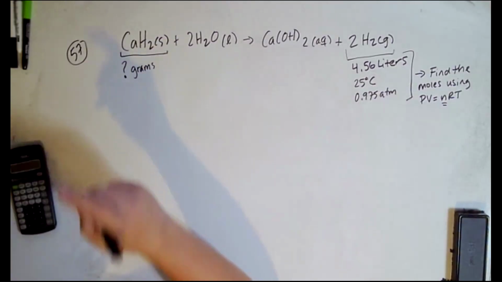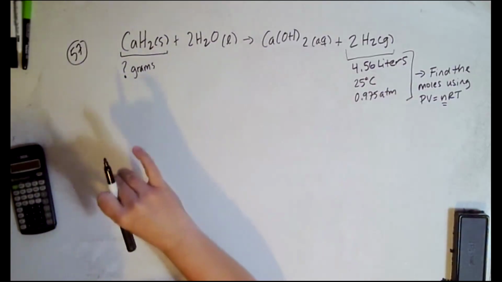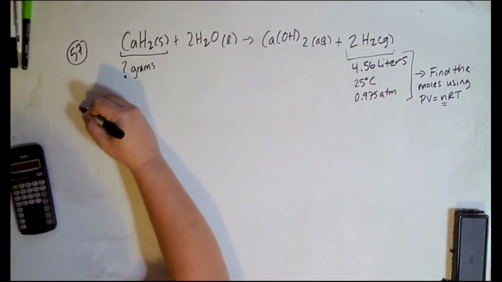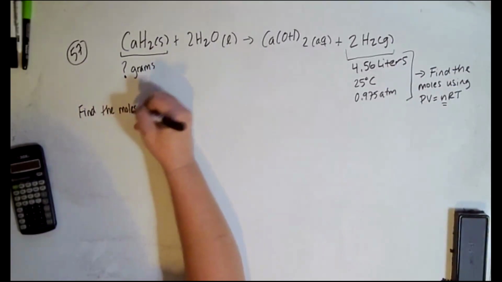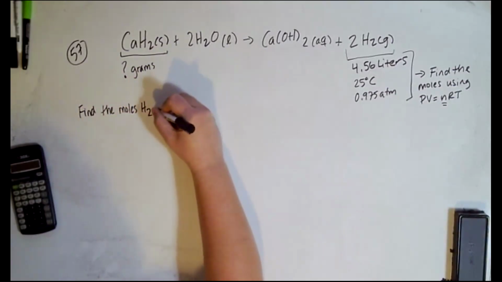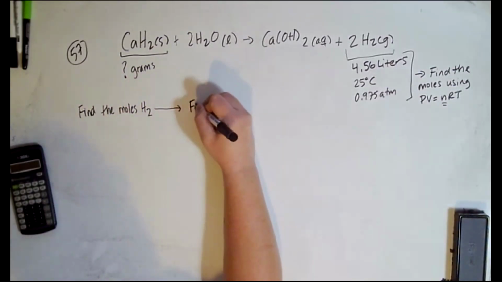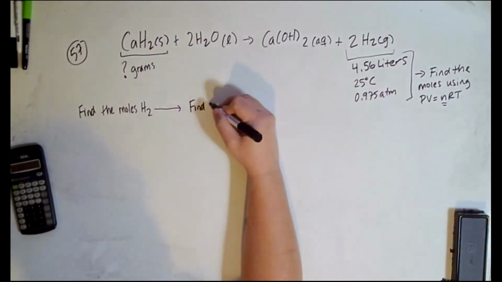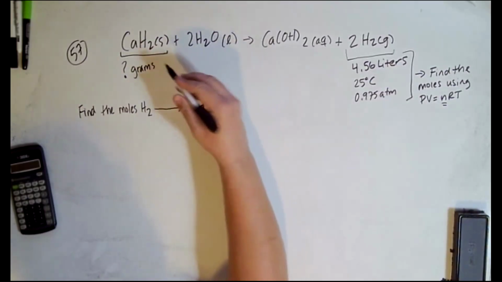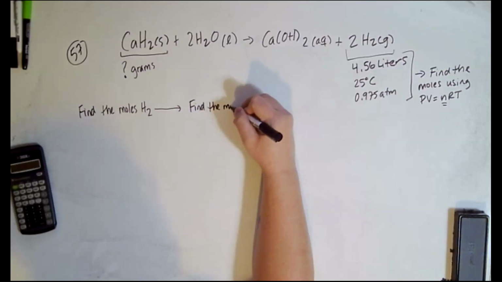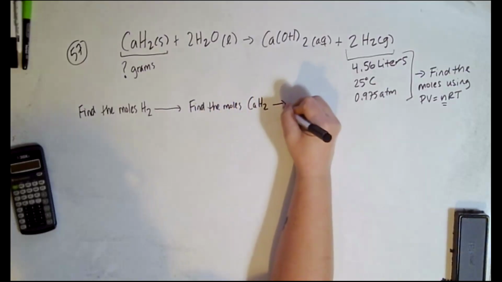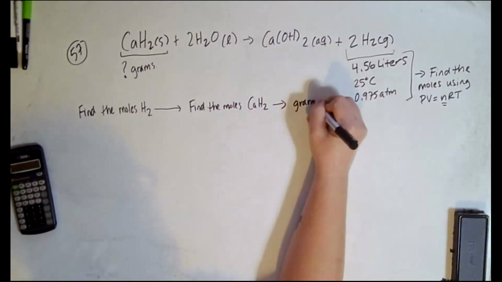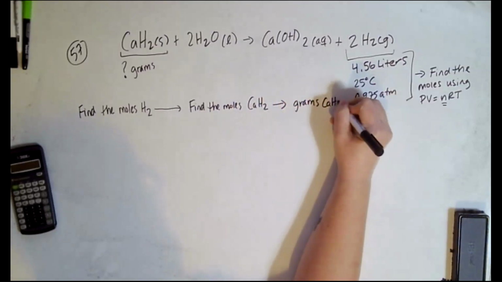Okay, so our order of operations is going to be to find the moles of H2, and then we're going to find the moles of CaH2, and then we're going to find the grams of CaH2.